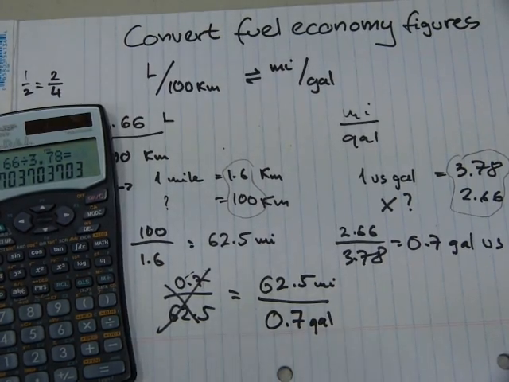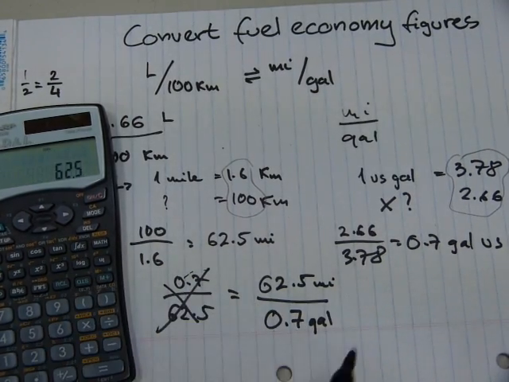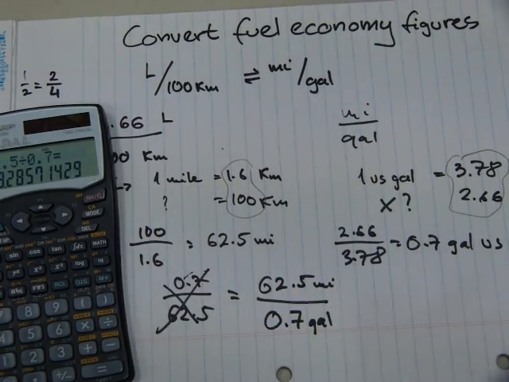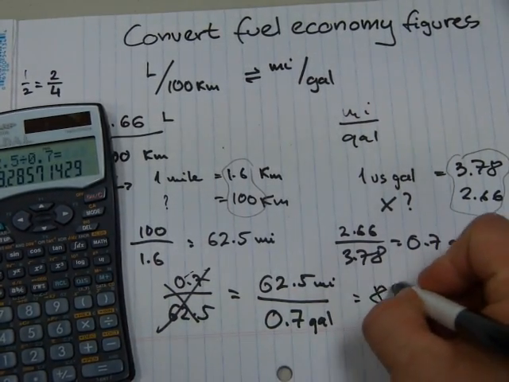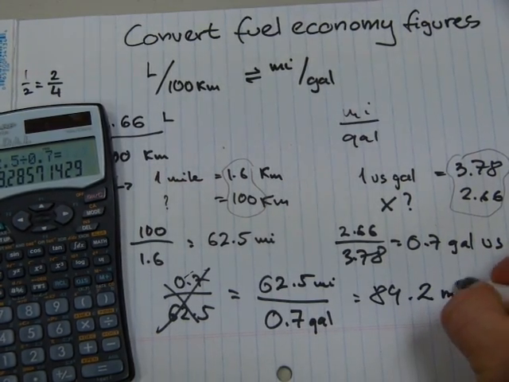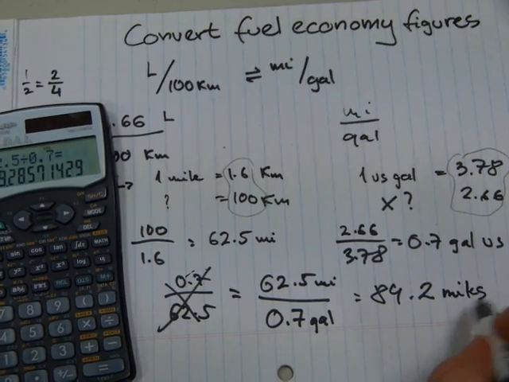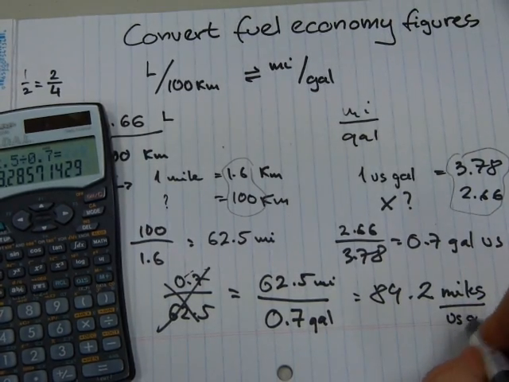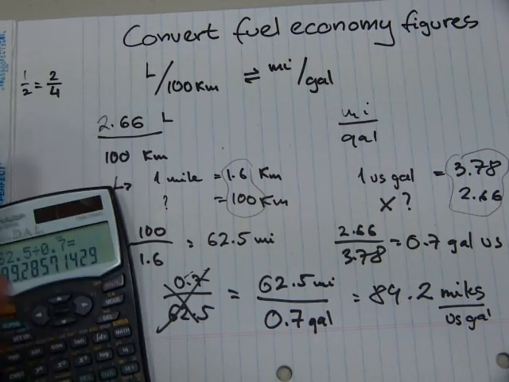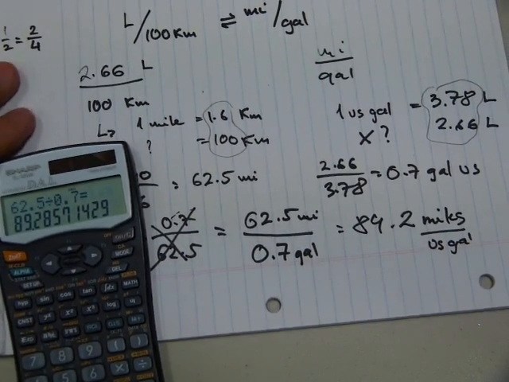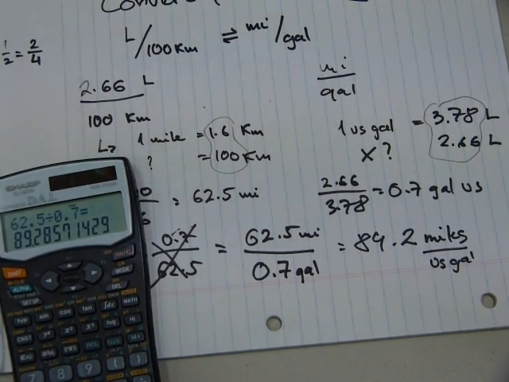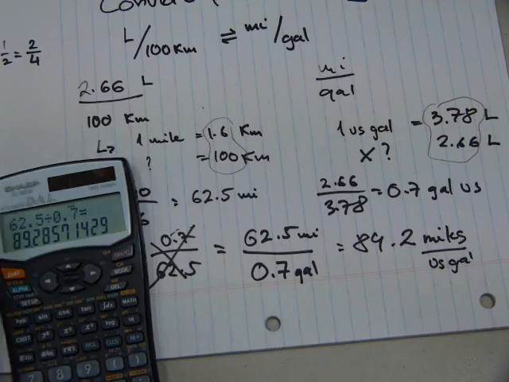Here it is. So now the 62.5 is divided by the 0.7, and then we get a figure of 89.2 miles per US gallon. That's my fuel economy. If my bike is doing 2.66 liters on 100 kilometers, that's the same as 89.2 miles per US gallon.